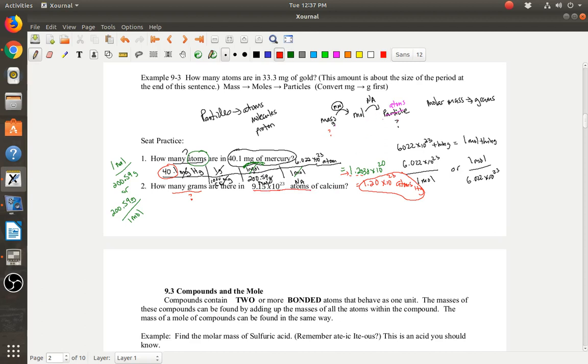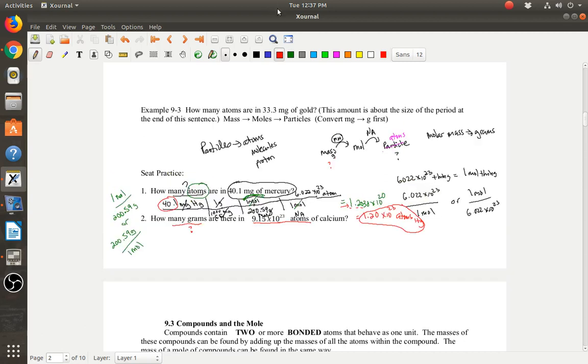So the particle count is still atoms, but this time we know how many atoms we have. So we'll erase the question mark, and we're going to go the opposite direction. We have 9.15 times 10 to the 23rd. So to go from here to here, I'm going to need Avogadro's number. So 9.15 times 10 to the 23rd atoms of calcium, Ca.